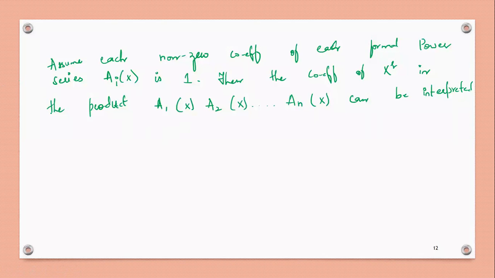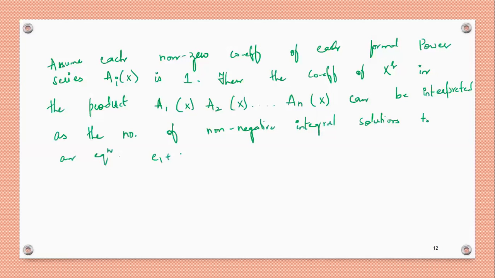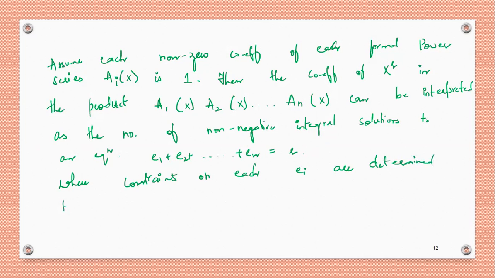Can be interpreted as the number of non-negative integral solutions to an equation e1 plus e2 plus and so on up to en is equal to r, where the constraints on each ei are determined by the exponents of the ith factor ai of x.